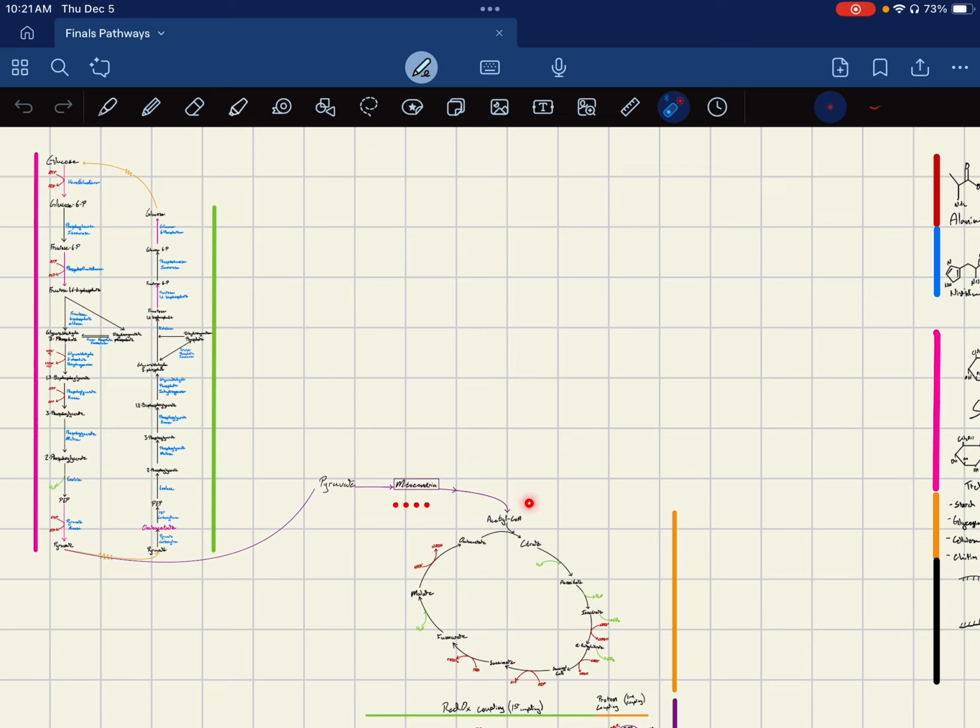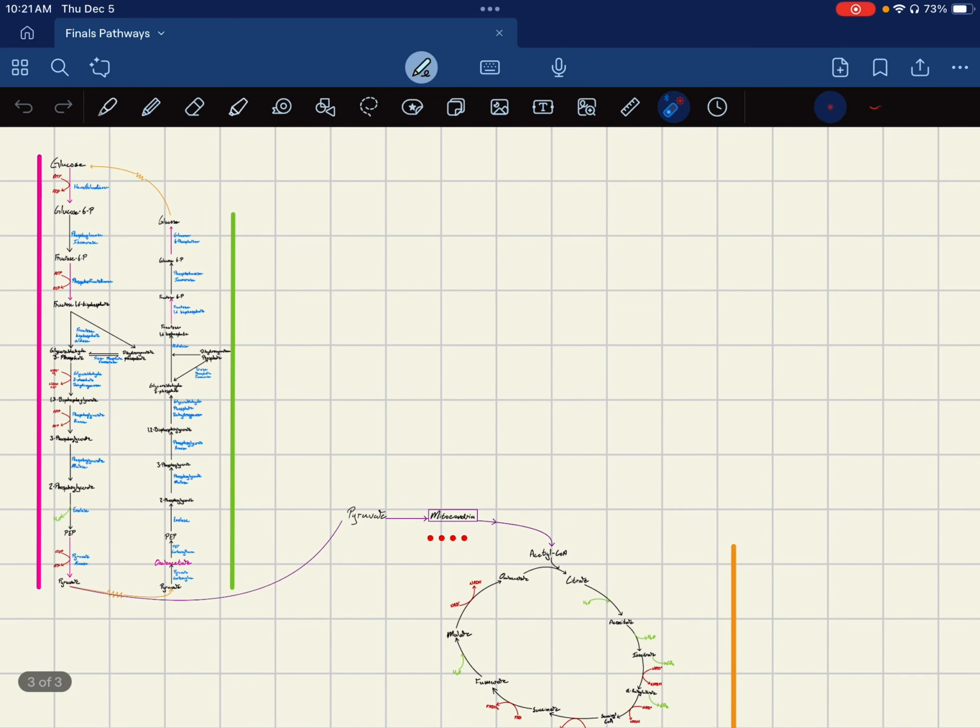It goes through the mitochondria and gets converted into acetyl CoA. Then it goes around a big old circle there, goes through all those reactions, and then gets back into glycolysis.